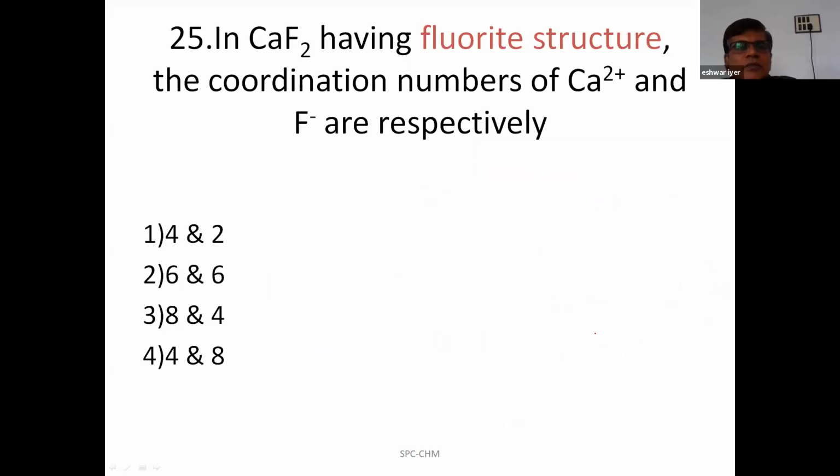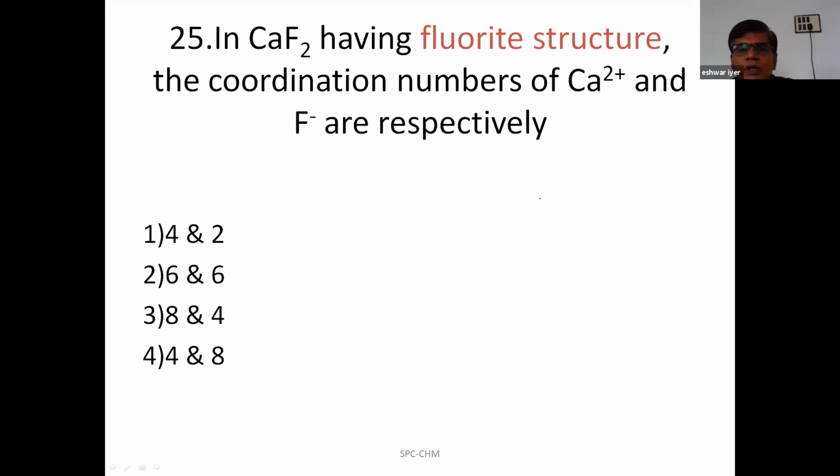Now you have this: in calcium fluoride having fluoride structure, the coordination numbers of calcium plus 2 and F minus are respectively what? You must know one piece of information here. In solid structures, you call it the fluoride structure.